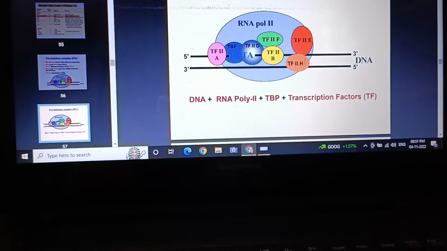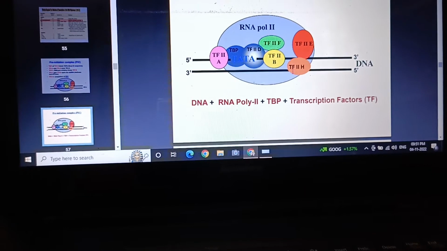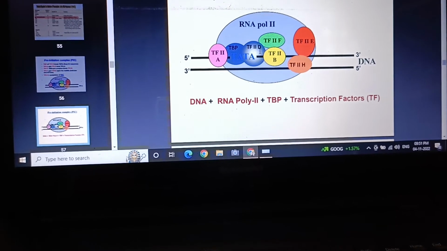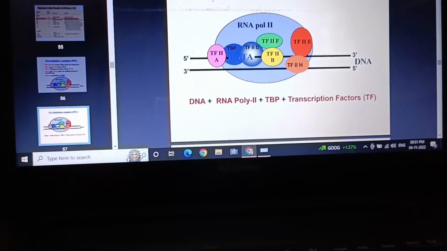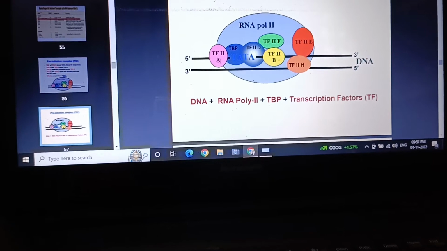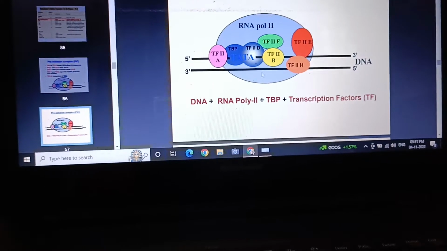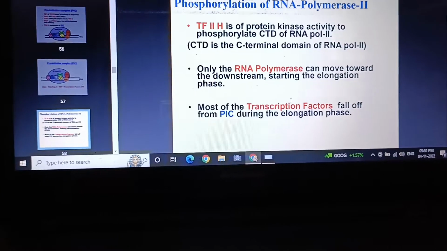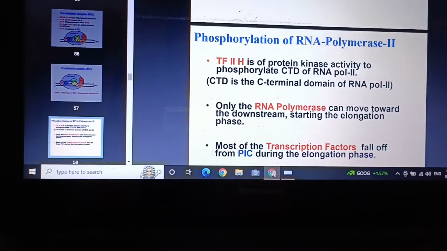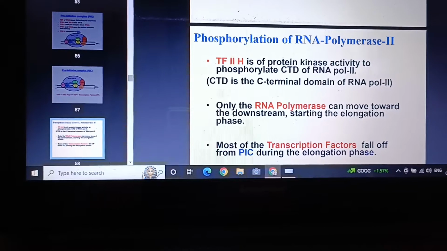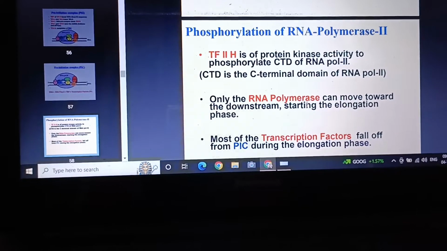The transcription factors have 6 subunits: TF2D, F, B, H, E and A. These are the transcription factors. Altogether we call it the pre-initiation complex. Now our pre-initiation complex has formed. After that, what will happen? Phosphorylation of RNA polymerase 2.